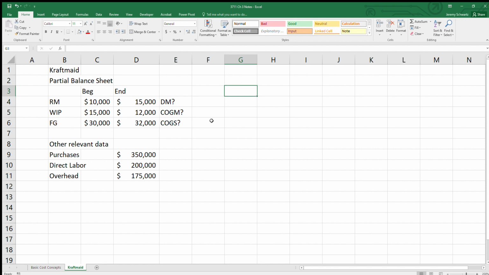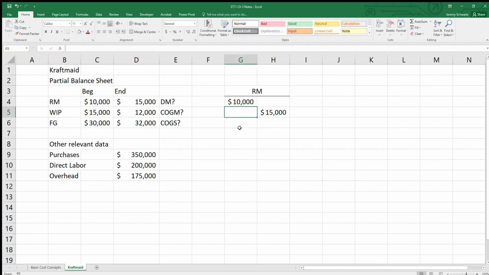So again, following what we had done before with raw materials, if we would do our account analysis here, we had our beginning balance was $10,000, and then we had our ending balance is $15,000.